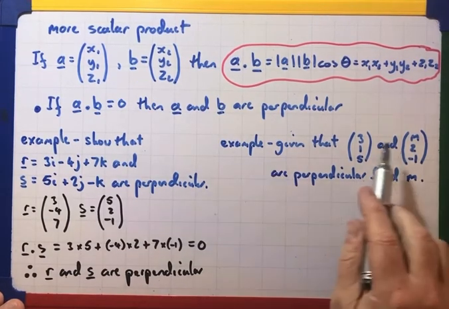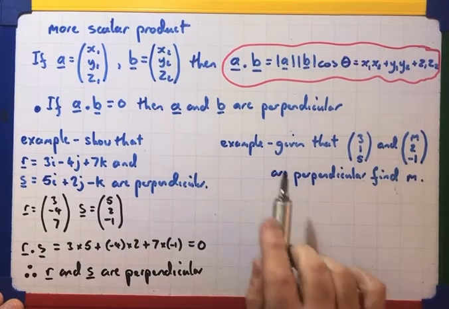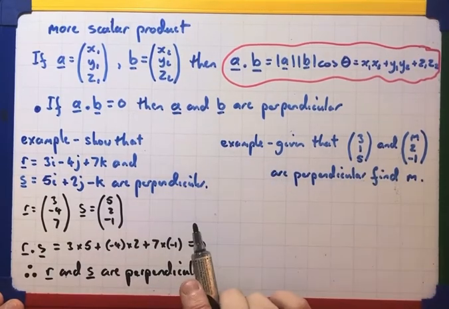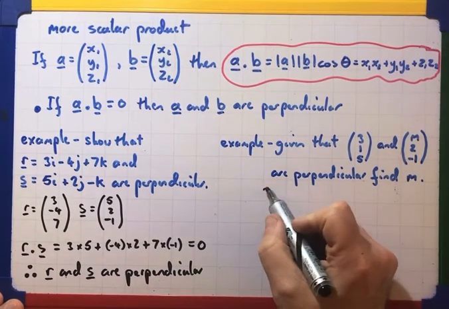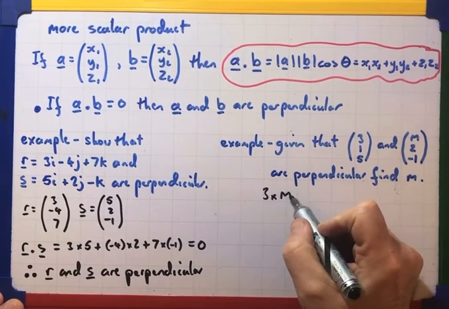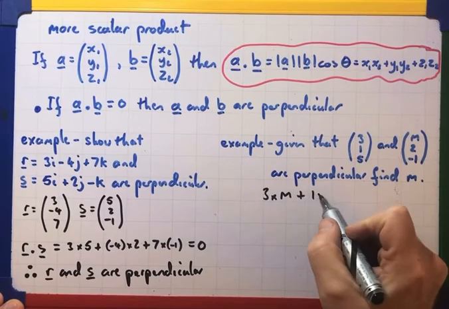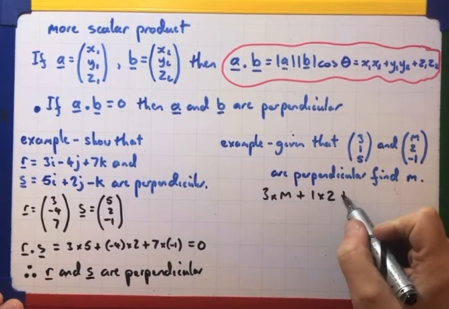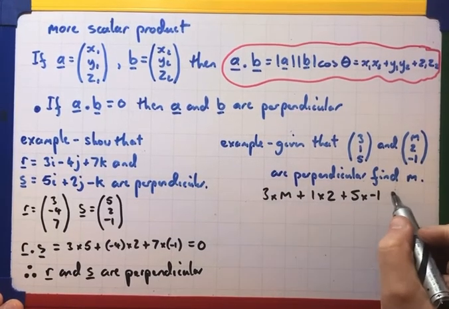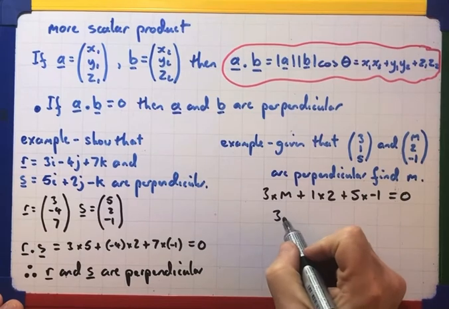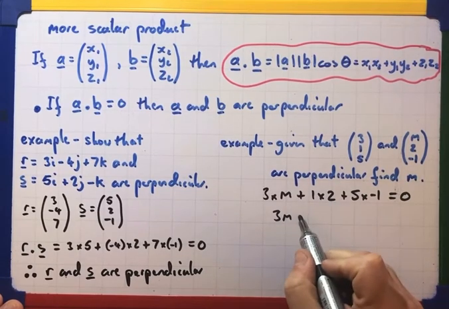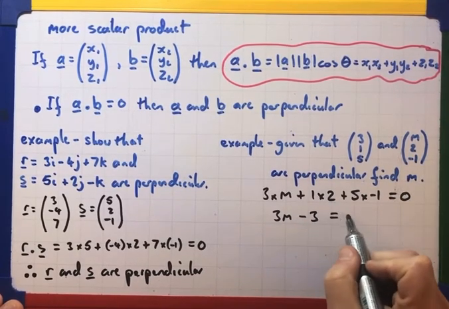We can also use this for this sort of question. It says, given that these two vectors are perpendicular, find m. Well, that simply means that 3 times m plus 1 times 2 plus 5 times minus 1 must come to 0, because we've been told they are perpendicular. So we have 3m plus 2 minus 5 is minus 3, equals 0.